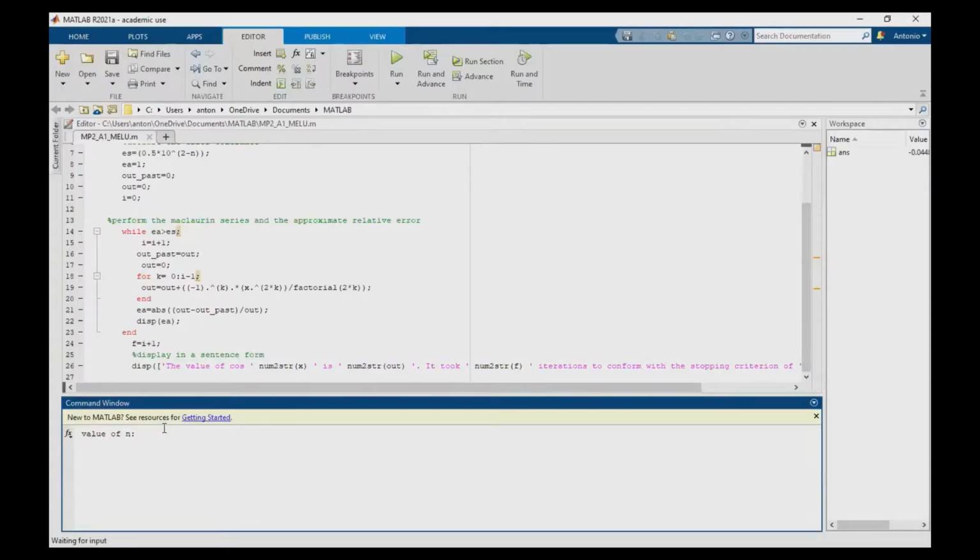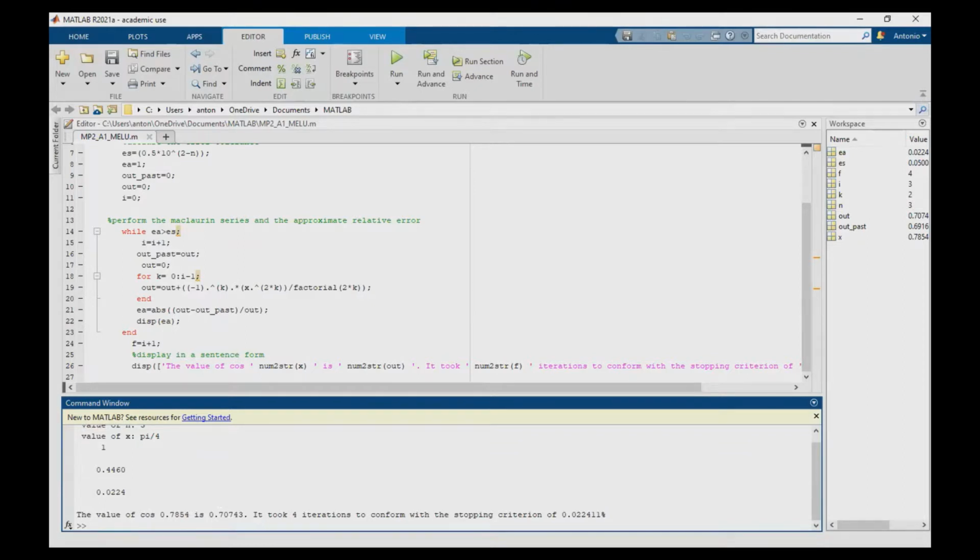So n is equal to 3, x is pi over 4. As you can see, x is 0.7854, and the cosine of 0.7854 is 0.7043. It took 4 iterations to conform with the stopping criterion of 0.02%.